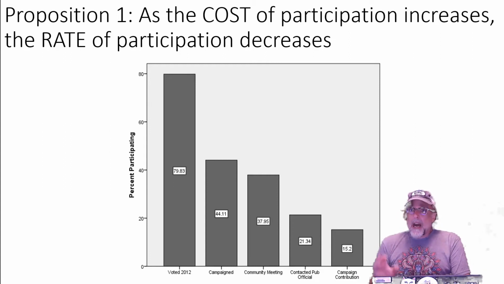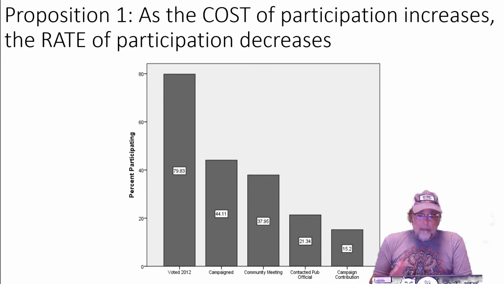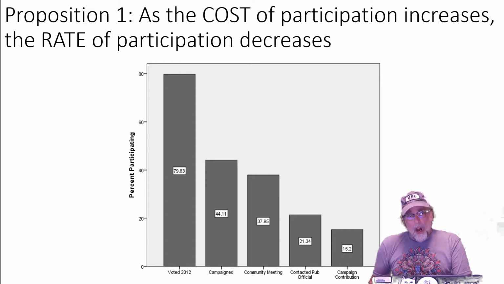That takes time and effort. Giving a campaign contribution, that's money straight out of your pocket, money you're not going to be able to use to buy CDs or pay your Netflix bill. So as we move across those different costs, we should see a decline if the cost-benefit perspective is correct.